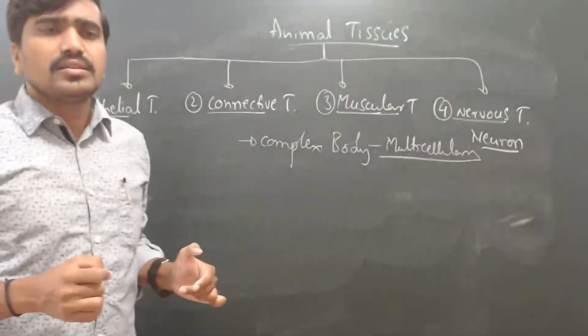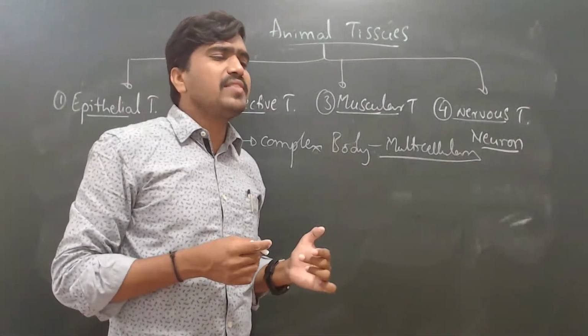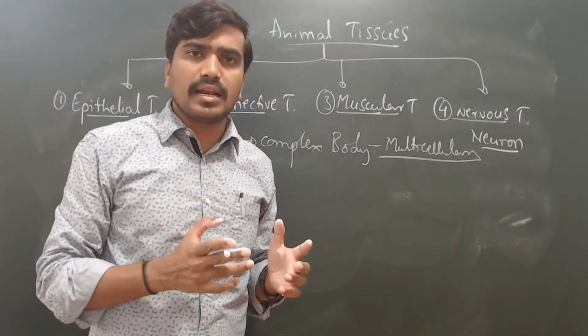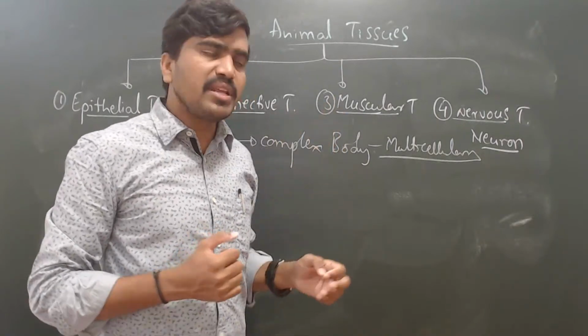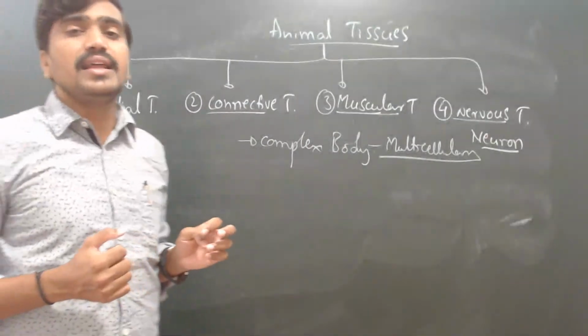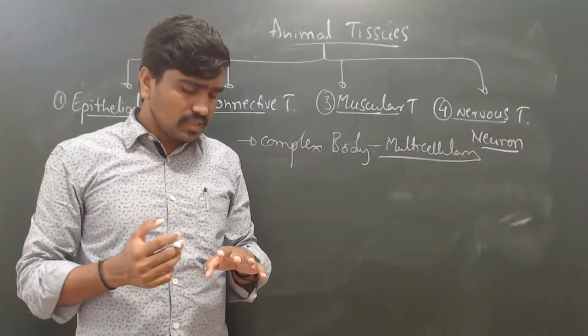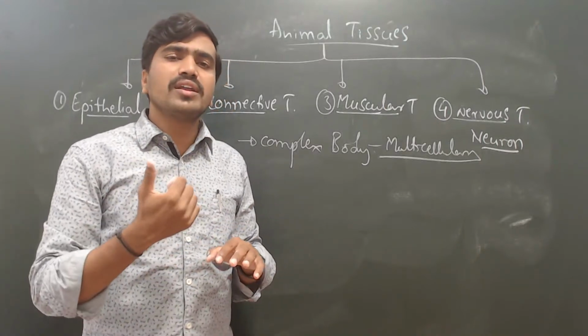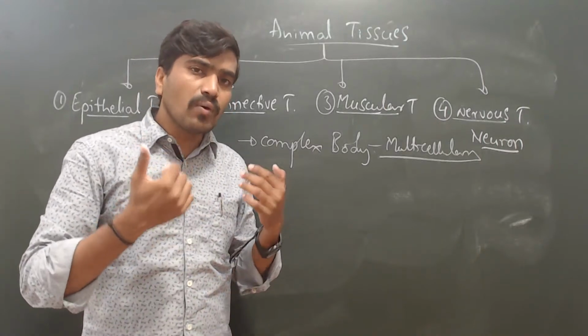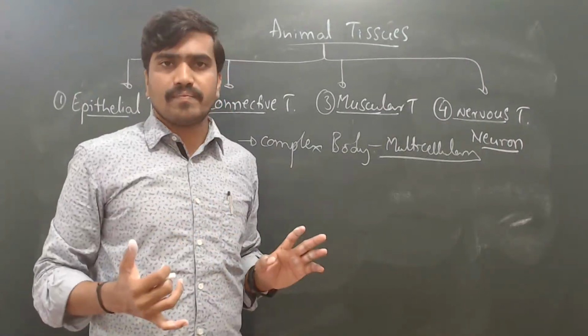And you know, epithelial, like epidermis in plants, is the outer layer. In the same way, epithelial tissue means almost the outer layer of any organ in our body, the outer layer of our body. Which one? Skin.